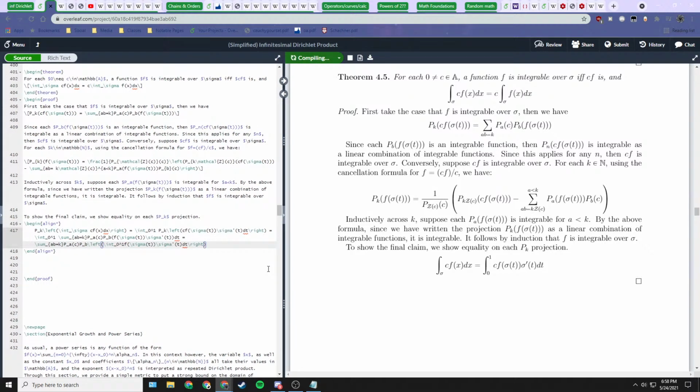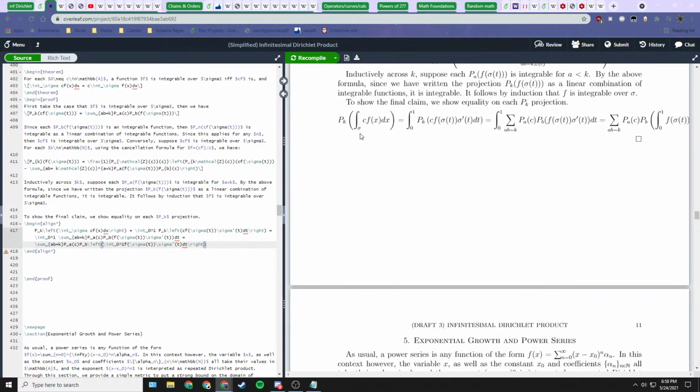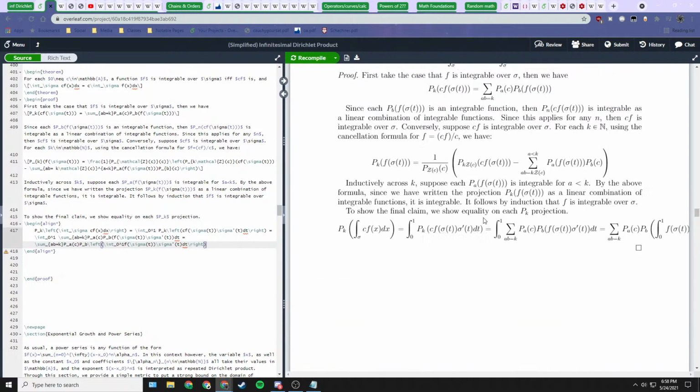That's definitely going to be too much on one line. Yeah, for sure. Okay, so we start with this projection. We pull that through with this substitution. This right parenthesis should be inside the dt. And then separate that out with the summation notation for the product.